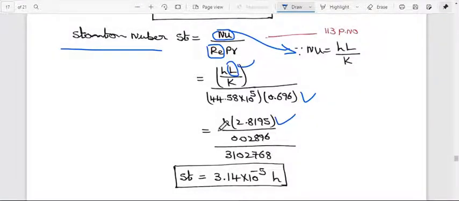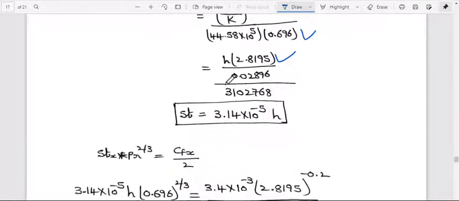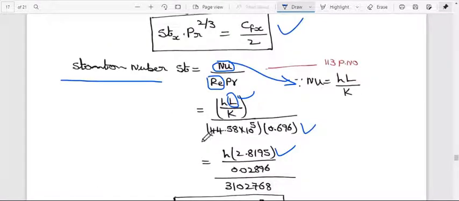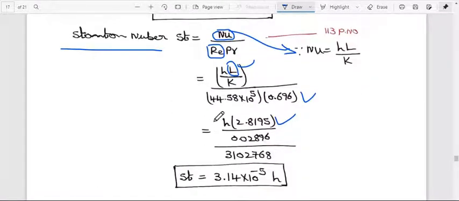So here H is equal to... what is the H value? So Stanton number is an unknown parameter and H value is an unknown parameter.